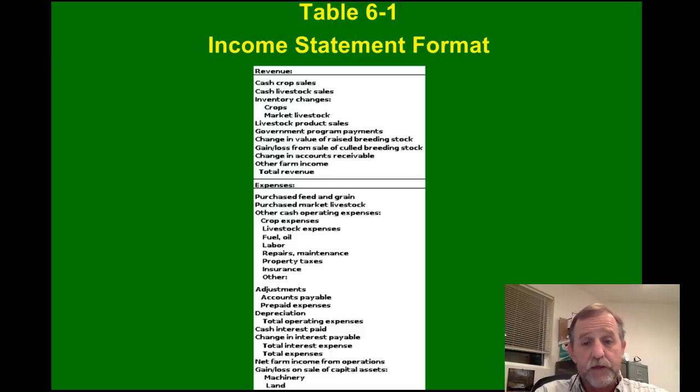So that would be a loss on that sale of capital items, as long as it started out as $5,000 on our books as a book value. Okay, so that definitely affects the net farm income when we inject that into our income statement, thus actually reflecting true profitability to our operation.